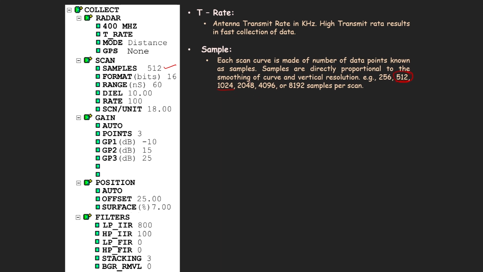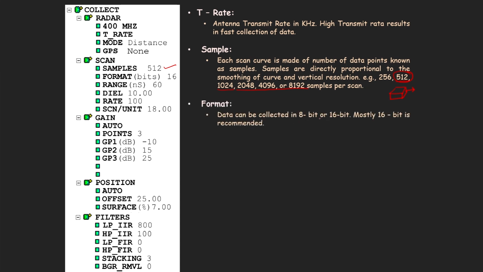If you want to collect very high resolution data, then you can increase the samples per scan, but that will make your system slow, and you also need to move the GPR on the surface very slowly. So this movement will be restricted if you increase the number of samples per scan.